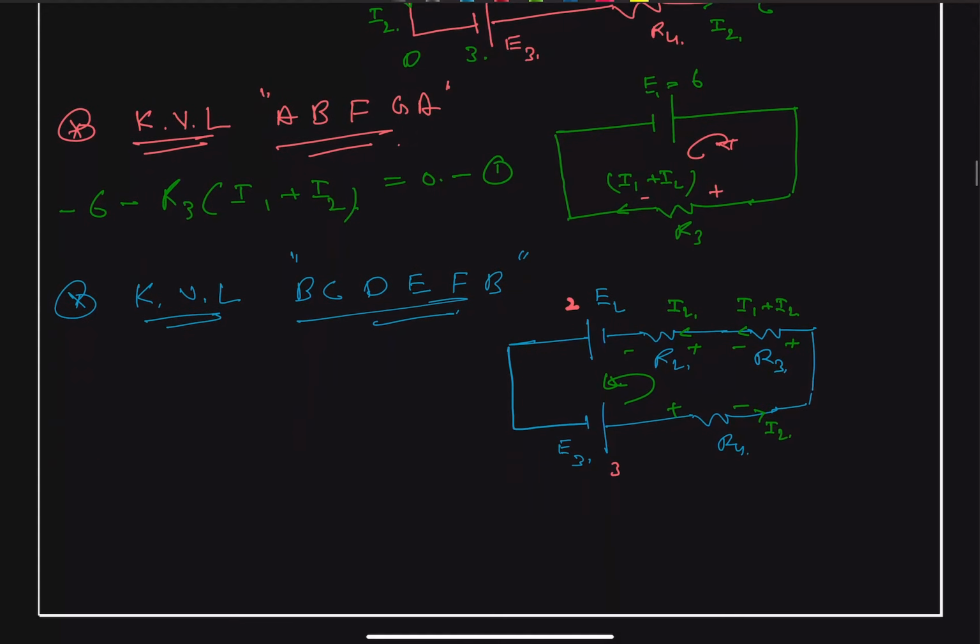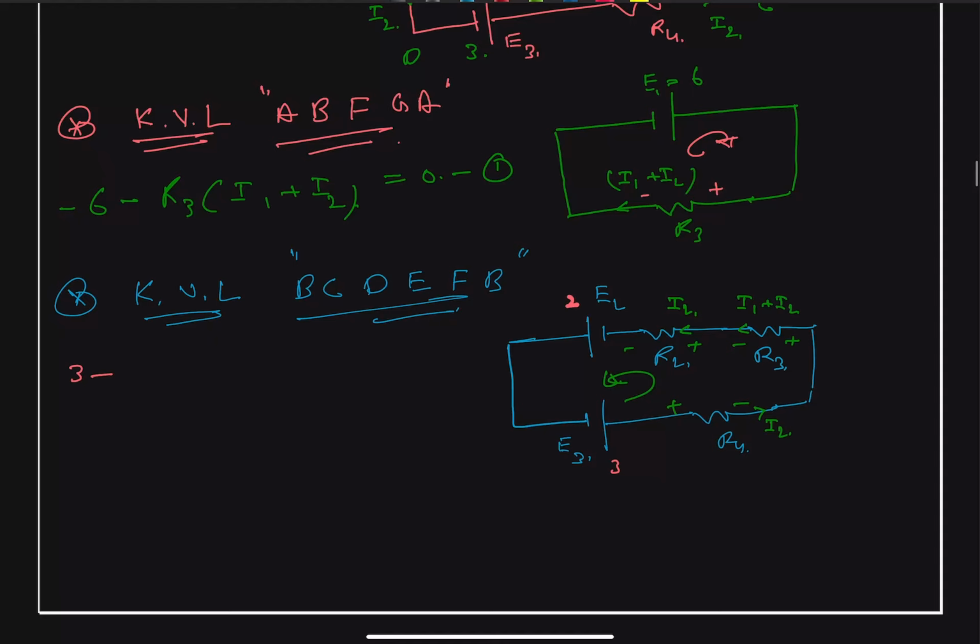So this comes in the rise in potential, that will be plus 3 minus, and this will be R4 multiplied by I2, and this will be minus R3 (I1 plus I2), and we have this is minus of R2 multiplied by I2, and this is minus of 2 is equal to 0.